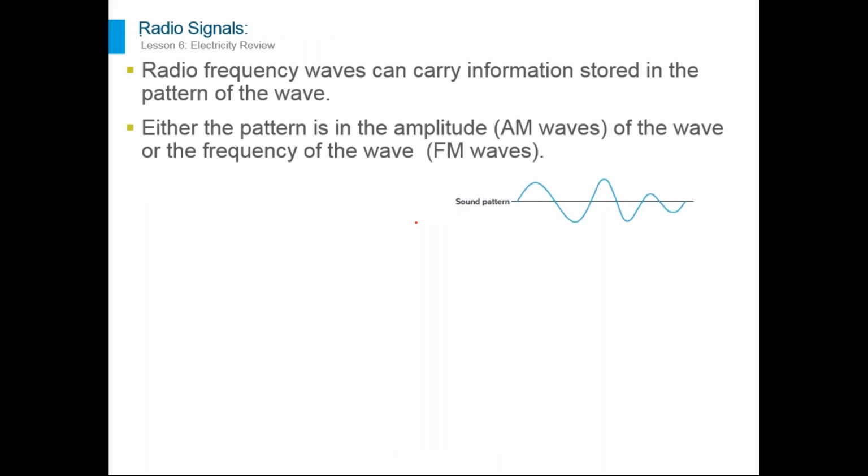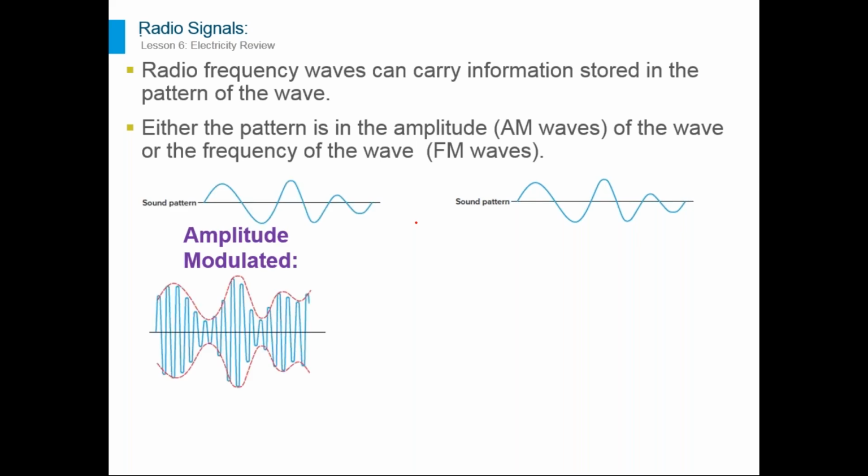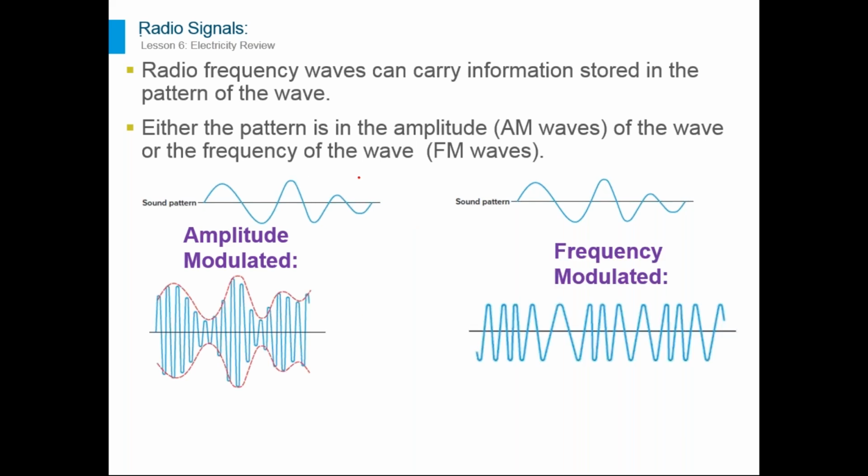Radio frequency waves can carry information stored in the pattern of the wave itself. So there's two different ways that this is done. Either the pattern is stored in the amplitude of the waves, which is called AM waves, which will look like this. So your sound pattern is shown in the amplitude of the waves.